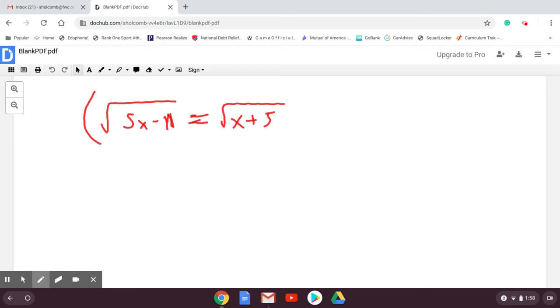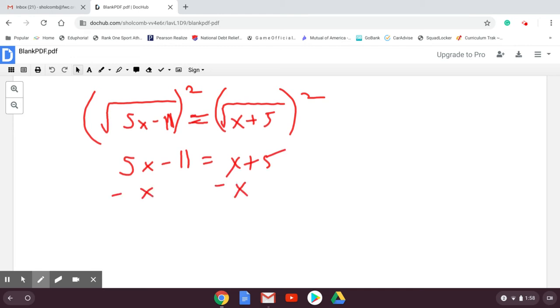Instead, what we have to do here is just go ahead and square both sides. Since we have everything ready to square, we'll just go ahead and square it, even though we had two different radicals. Look what we end up with. Because the opposite of a square root is a square, we just get 5x minus 11 equals x plus 5. So it's really not that hard of a situation.